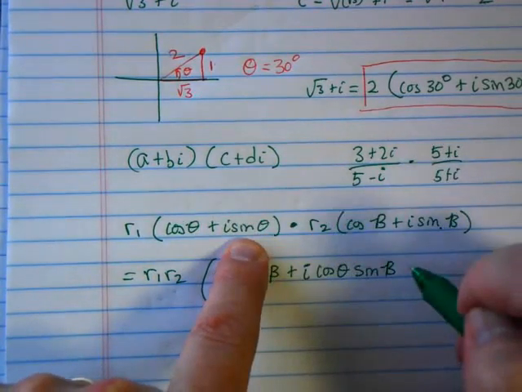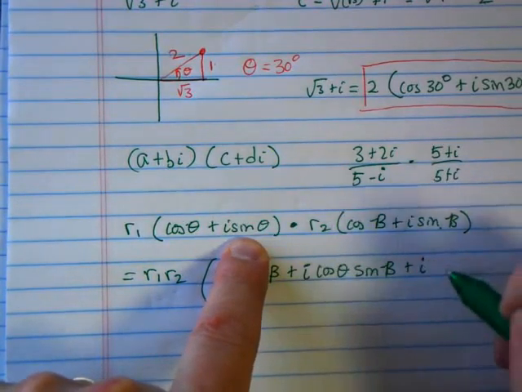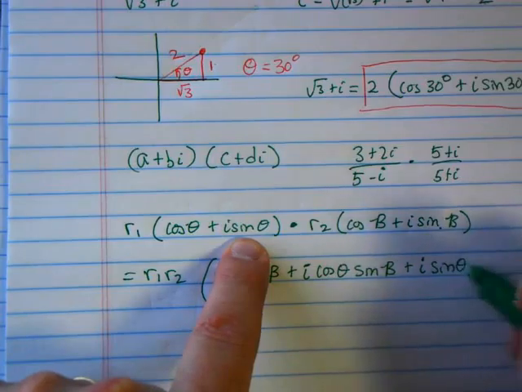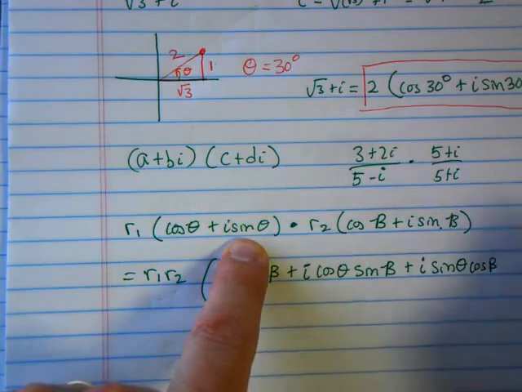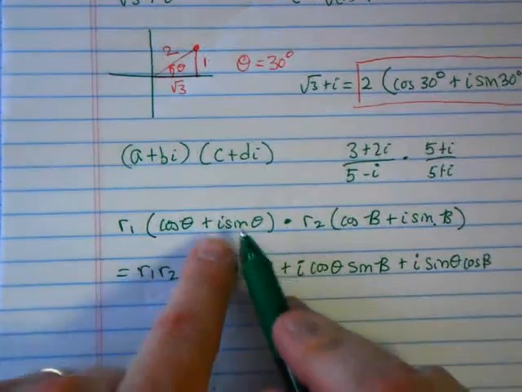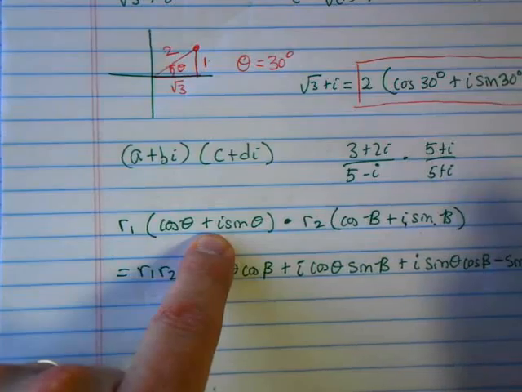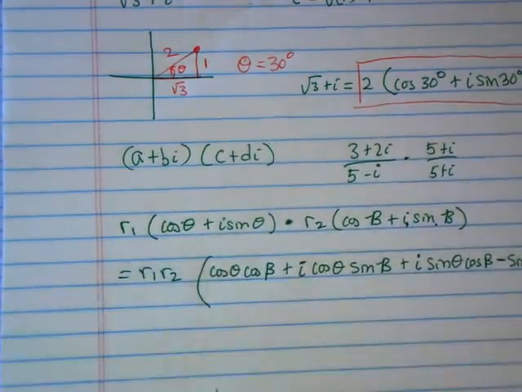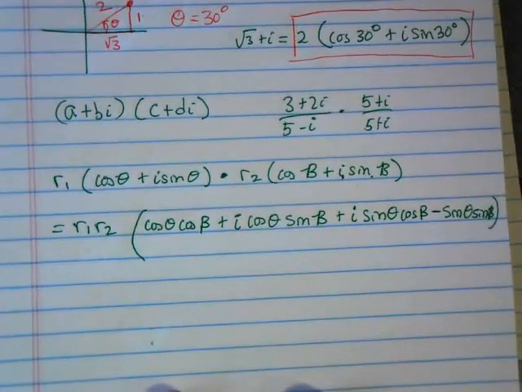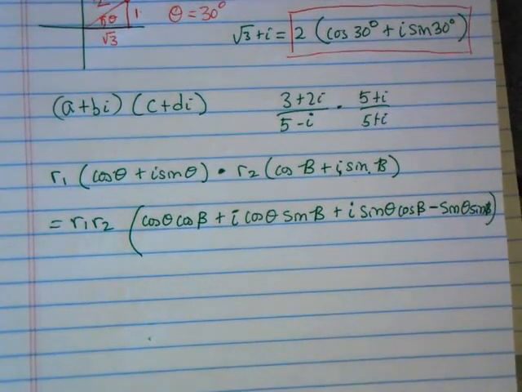That's going to be plus i sine theta cosine beta. And then the last 2 is going to be, I'm going to have an i times an i. i times i is going to give me -1, so that's going to be negative sine theta sine beta. Looks gruesome, but it's going to get a lot better.